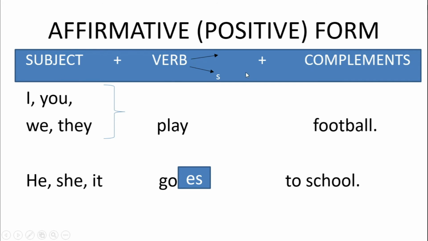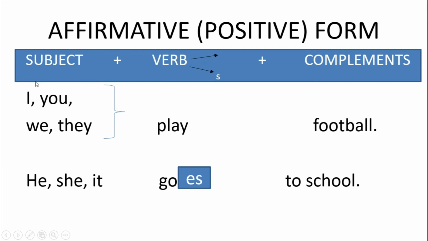Then we use verb. This S here stands for the suffix, which is added to the verb base in third person singular. And then we add complements. For example, I, you, we, they.